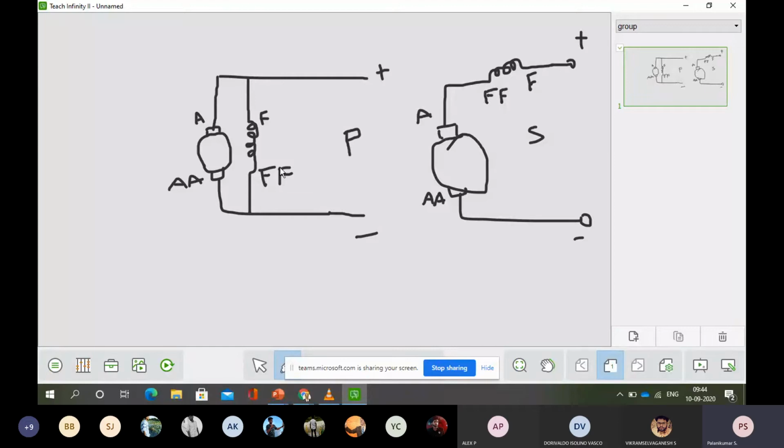What is the advantage? Why do we have to go for two different configurations? Whenever I need a very high starting torque, I prefer a series connection.